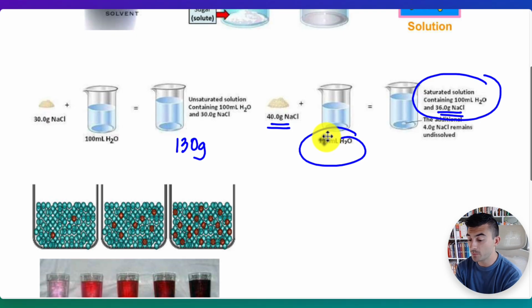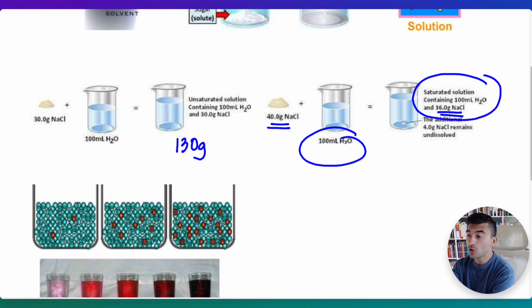So that means just because I have the 40 grams of sodium chloride doesn't mean all of it's going to dissolve. Because the saturation limit for this example is 36 grams, we should see 4 grams of that sitting on the bottom, okay? If additional solute is added, it won't dissolve. Now, there was one important test that we looked at to see whether or not a solution is at that saturation limit.